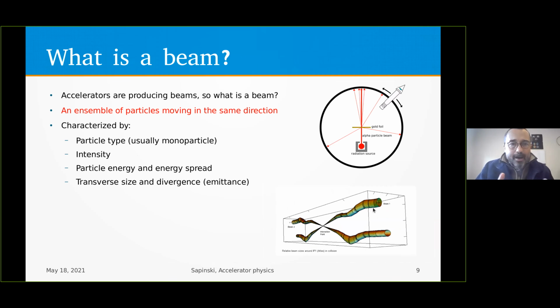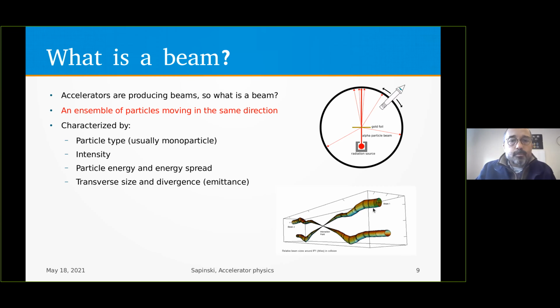This ensemble can be characterized by the particle type, and usually we use one type of particle at a given moment, either electrons or protons. By the intensity, so the amount of particles traveling in the beam, by the energy and energy spread, and by the transverse size and divergence.